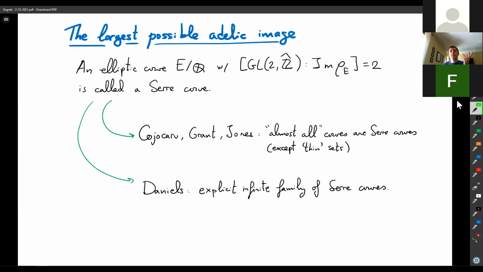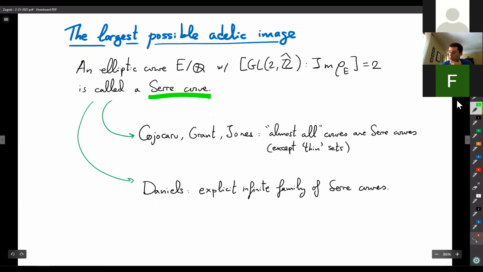So what is the largest possible adelic image? The largest possible adelic image is called a Serre curve. We know by Serre that the image is of index at least 2. So the smallest it could be is 2, and 2 happens. And those are called Serre curves.